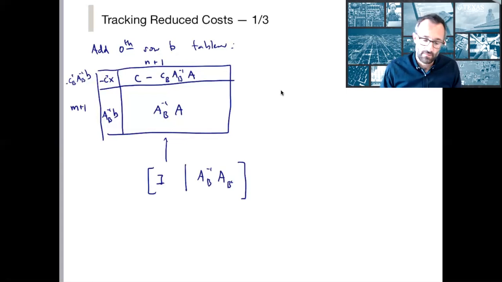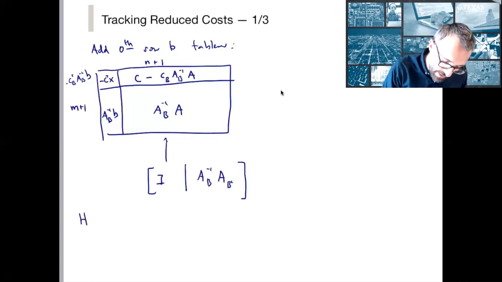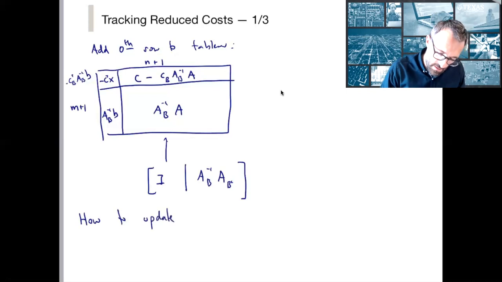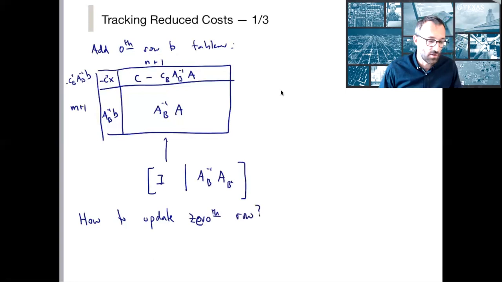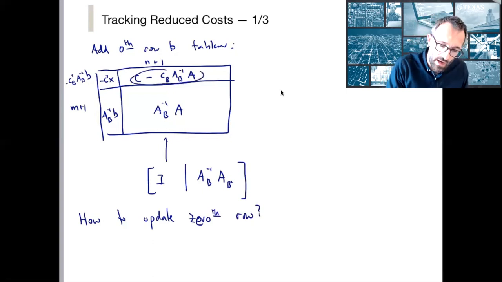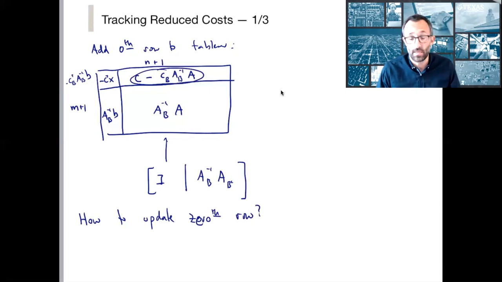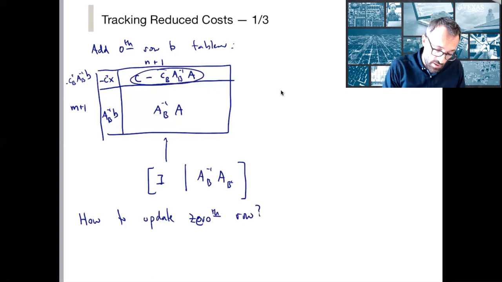My main question is how to update this 0th row, and let's think about what it must satisfy. What is sitting up here? It's the reduced costs. And what do we know about the reduced costs? We know that C_i bar equals 0 for i in the basis.